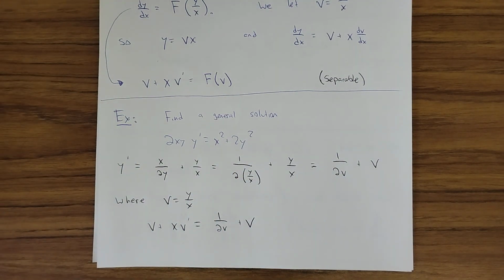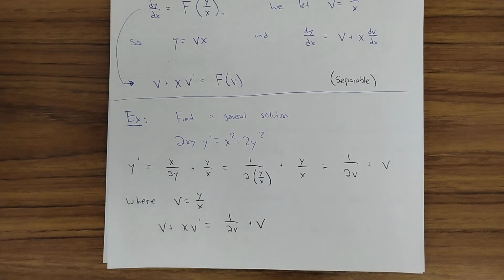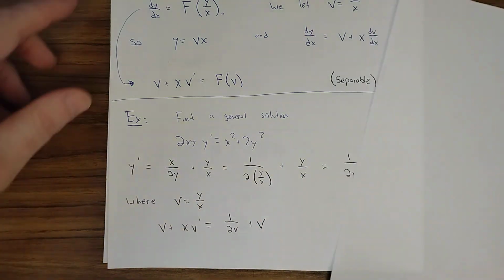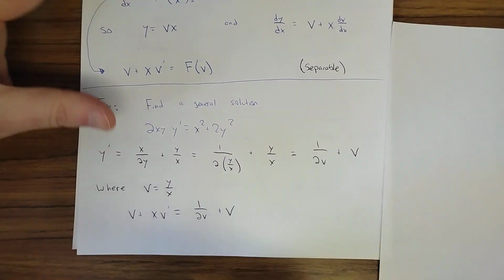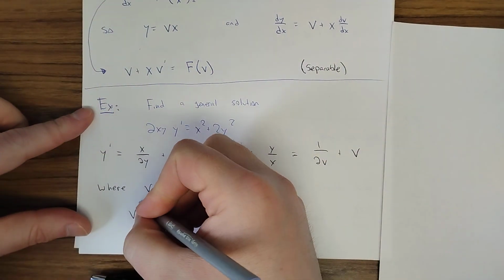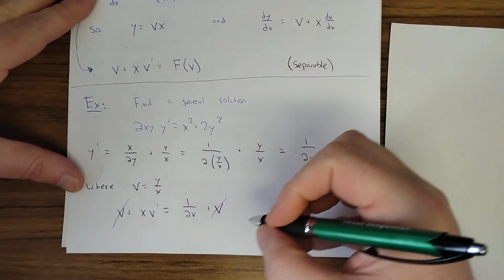So now we have my differential equation with just v's and x's. This should be separable, like we were saying. So I guess I just cancel a v. So, right.